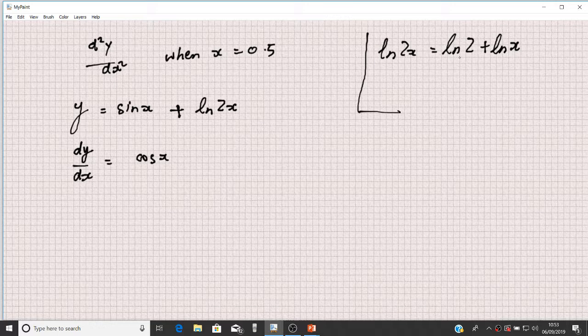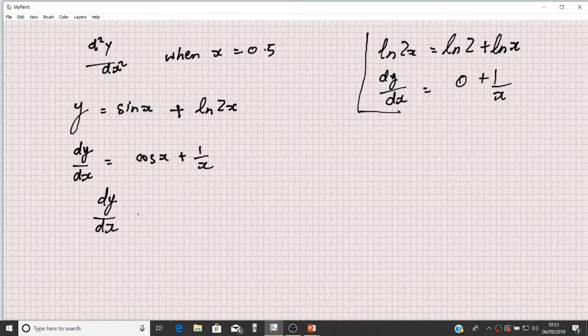So dy/dx of ln 2 is 0, plus 1 over x. So the first derivative of ln 2x is just 1 over x. Let's write the first derivative out again: cosine x plus x to the power of minus 1.